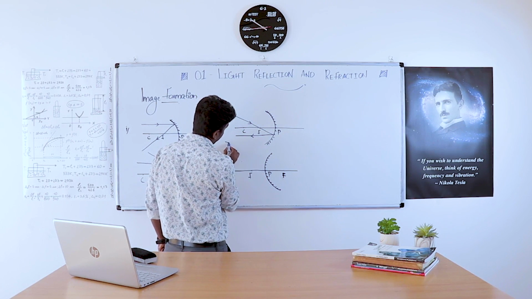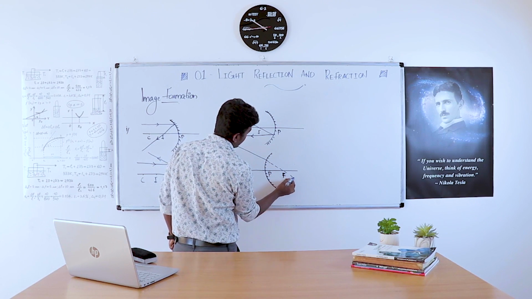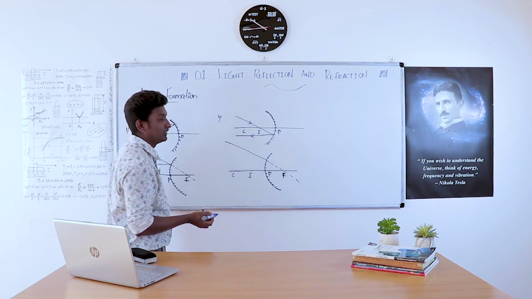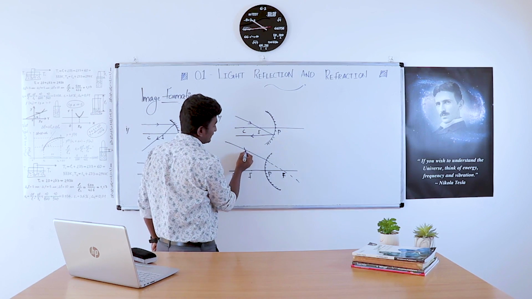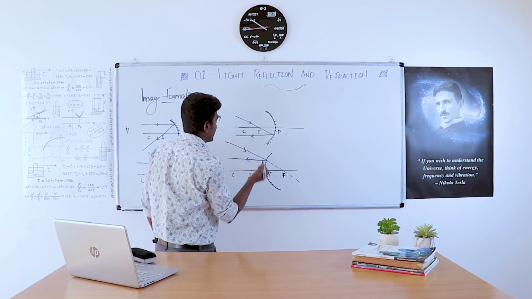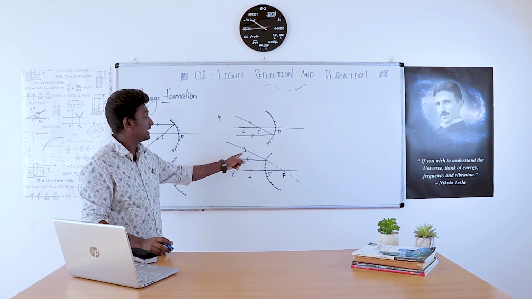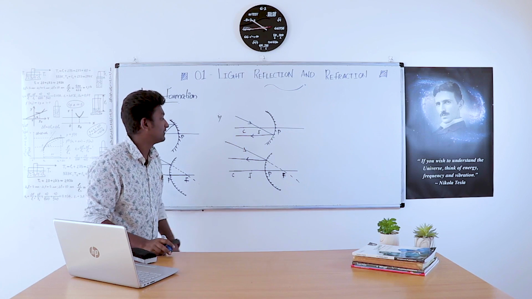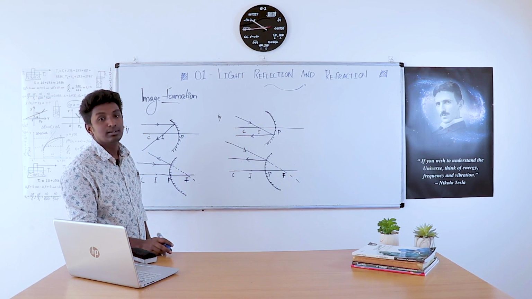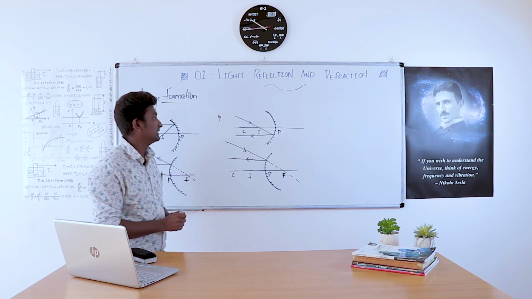Now a ray of light coming through focus. After reflection from the mirror, it passes parallel to the principal axis. This is the second case.